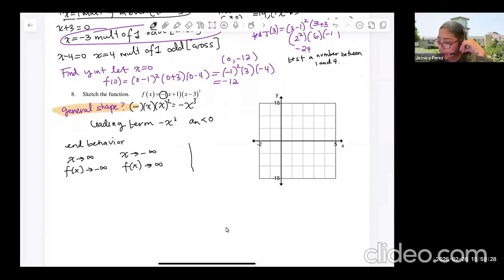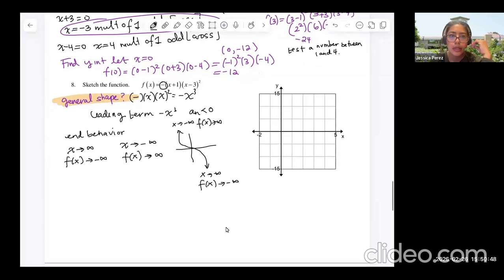So it's going to look like it's coming from above and then has this behavior. So we will have a behavior that looks like this.